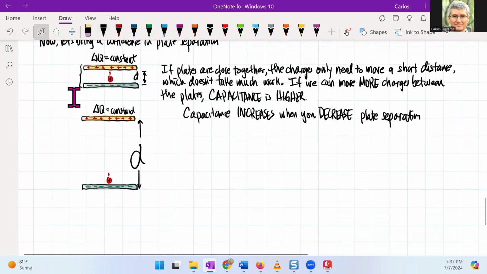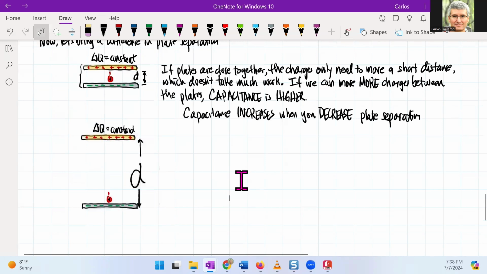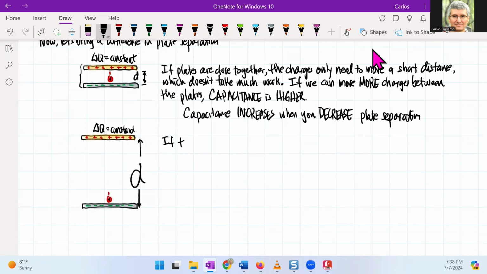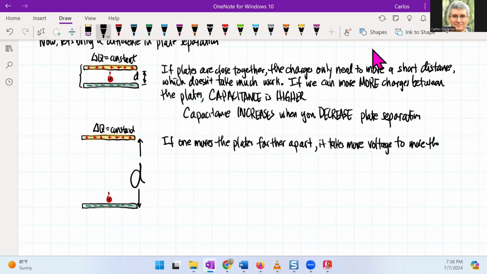Well, I could say the same thing right here. If I bring this down just a little bit more, I could say that if one moves the plates farther apart, it takes more voltage to move the same amount of charge.